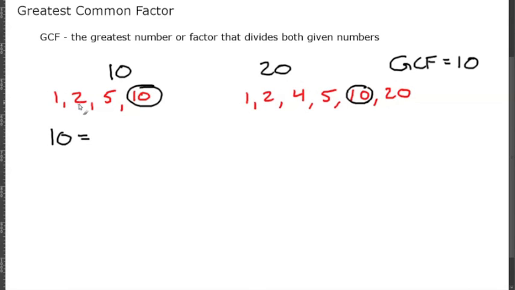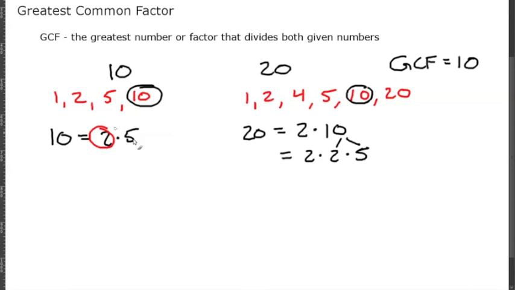If we were to do this with the prime factorization method, we would write 10 and break it down in the prime factorization, which is just 2 times 5. And then the prime factorization of 20 would be 2 times 10, and this 10 breaks up further into 2 times 2 times 5. And now we circle the ones they have in common.